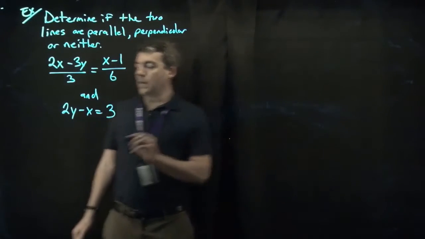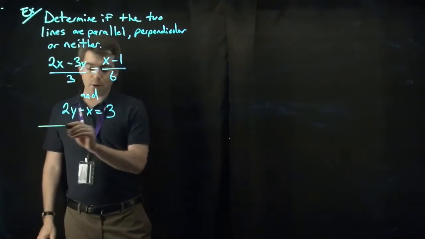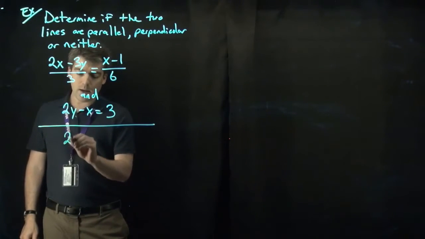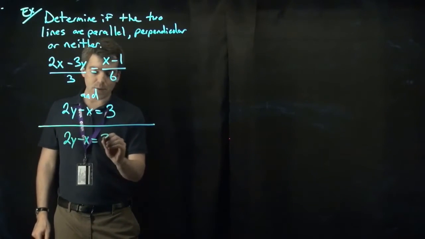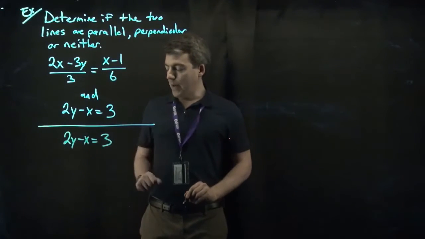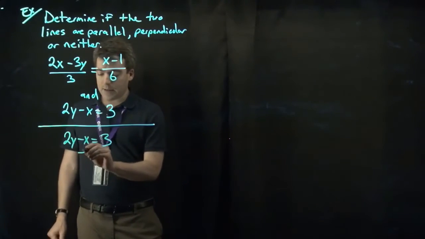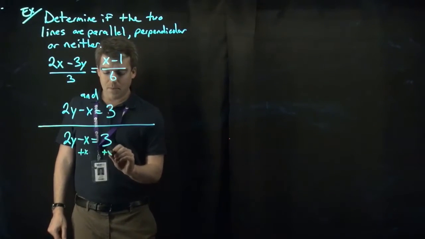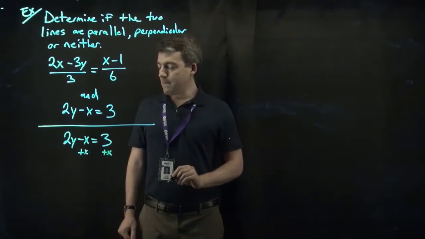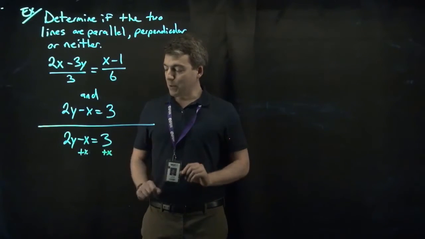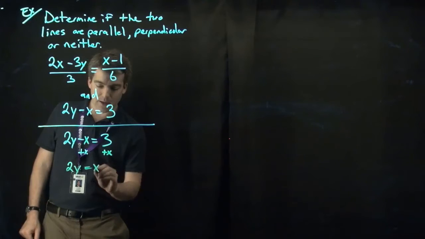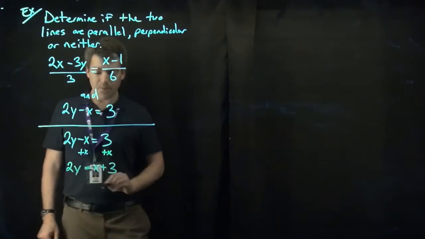Let's start with 2y - x = 3. Let's get the y by itself. We can add the x. So we add x to both sides. We get 2y = x + 3.